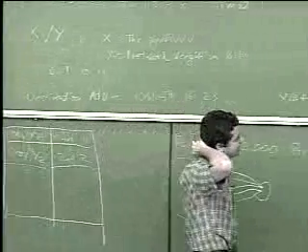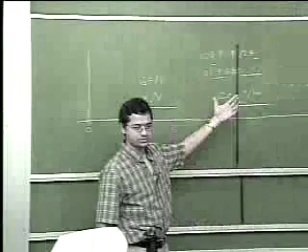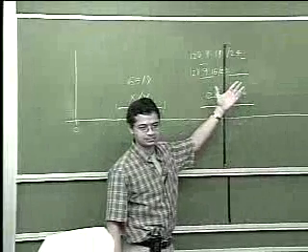Now, how can such a situation arise where you have overlapping line segments like this?